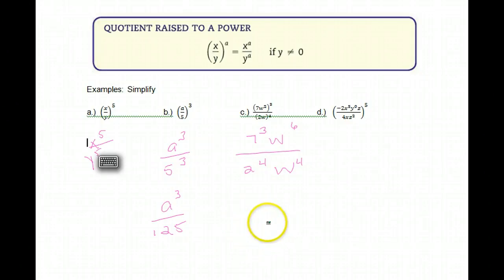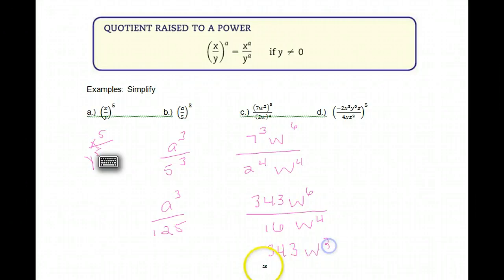So 7 cubed is 343 w to the 6th over 16 w to the 4th. Lastly, you want to use that division rule to simplify your w's. So you have 343 w squared over 16.